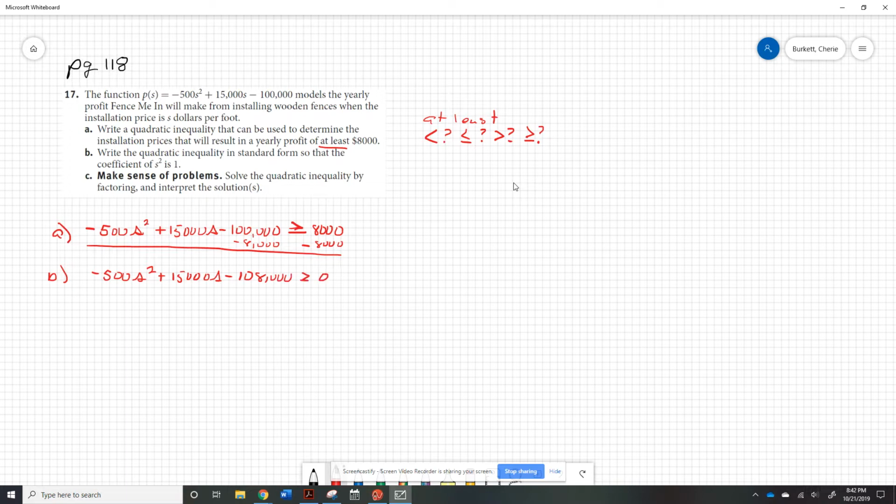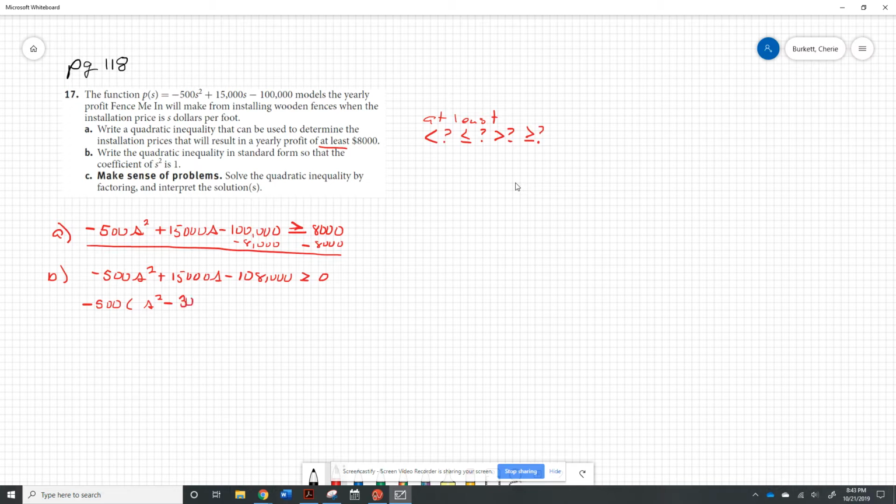It says write the quadratic inequality in standard form so that the coefficient of s squared is 1. So what are we going to do? Factor out that negative 500. So s squared, plus, no, it's going to be minus because we're factoring out a negative 500. And 15,000, sorry, undistribute the 500. And that leaves us with 30.